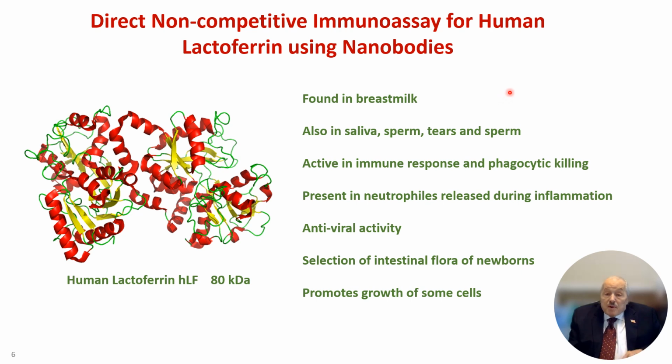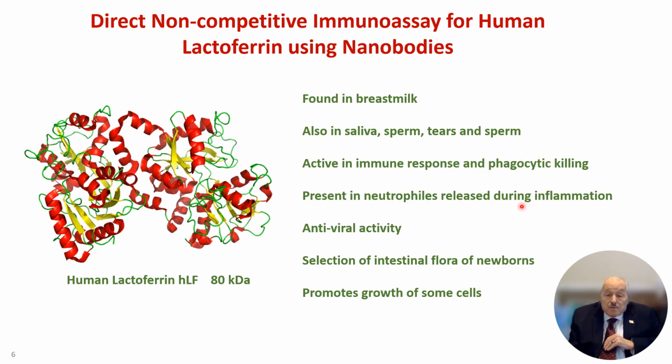So here's one of the first places it was used for a direct, non-competitive immunoassay for lactoferrin or human lactoferrin, which is found in many places, including breast milk, sperm, saliva. They are active in an immune response.